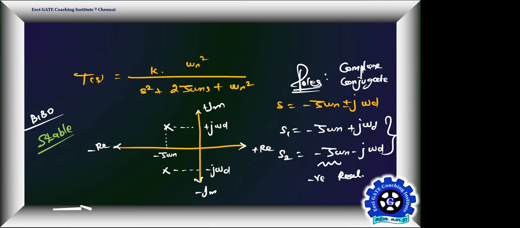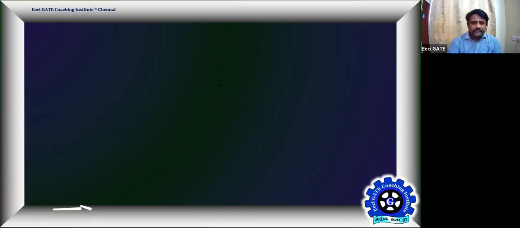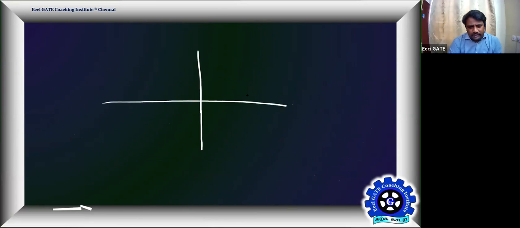Okay, so now let me get a few more pieces of information based on the pole location. We are going to exploit that during our impulse and step response analysis. This is a pole. Let me take only this pole; a similar analysis can be done for this pole also.